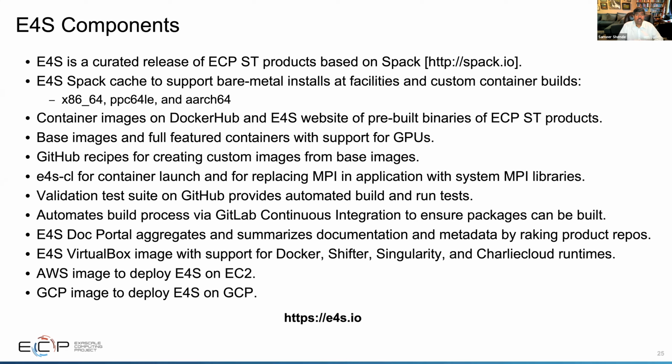So if your application uses libraries from the container and you're using, say, an MPICH-based build of your application, and you may have, say, Cray MPI installed on your system, and that uses optimized communication primitives for internode communication using high-speed interconnects, and you want to use that, then this E4S CL will allow you to substitute the MPI in the application with the system MPI. And it simplifies the workflow. I'll talk a little bit more about this later.